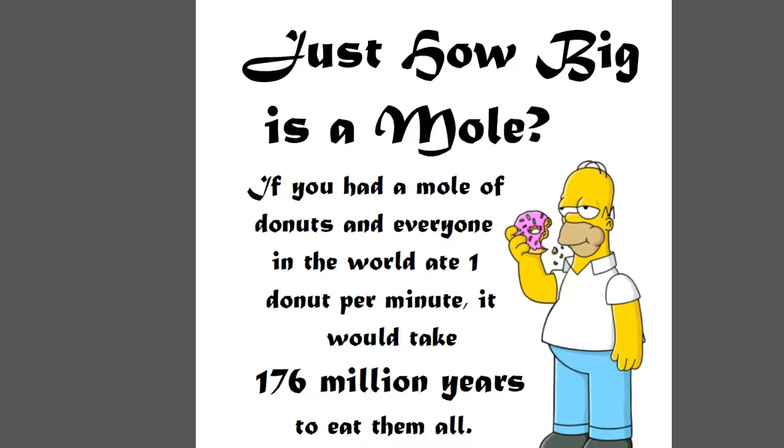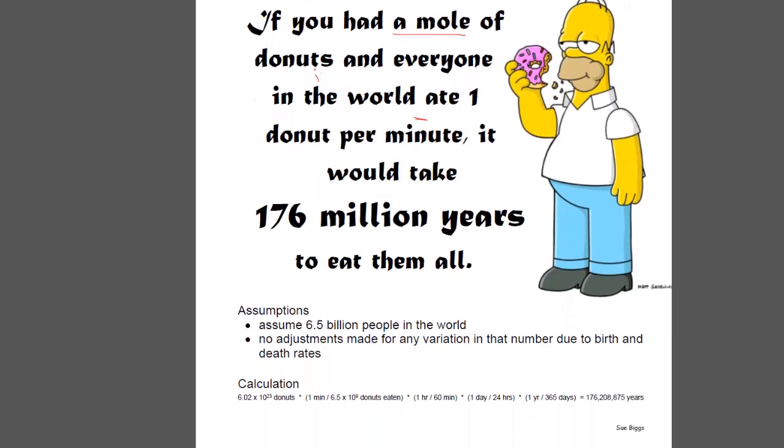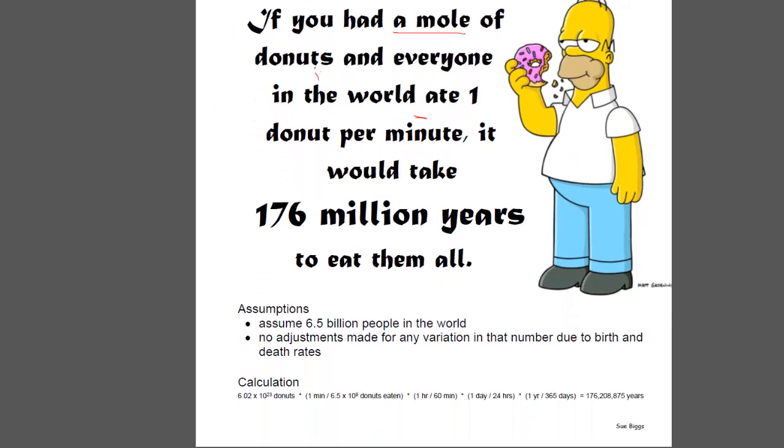You'll notice that for this project, I came up with a snazzy little title. And then I started my analogy by saying if you had a mole of a thing and applied it to something massive, feeding the planet. You finish the project by giving me some assumptions. If everyone on Earth is going to eat a mole of donuts, the number of people on Earth can't change within that time.